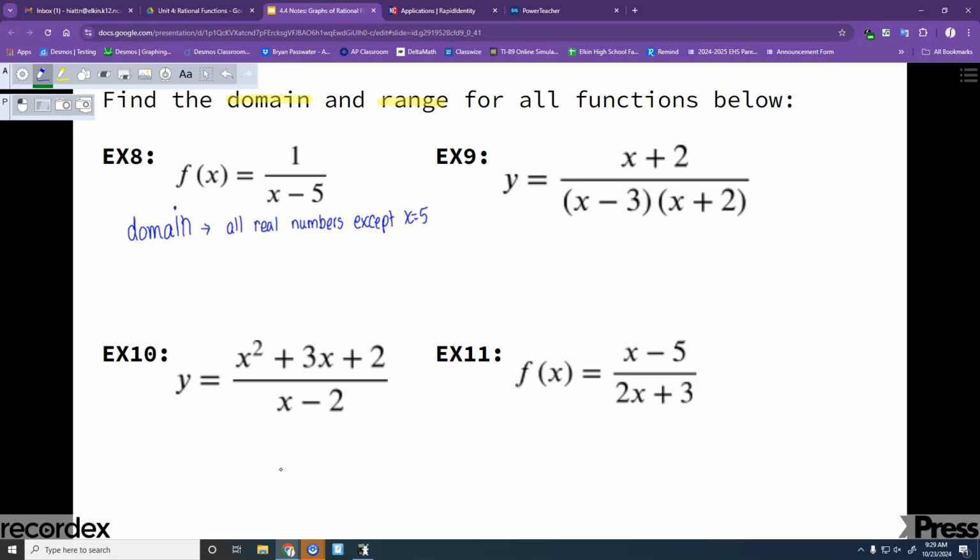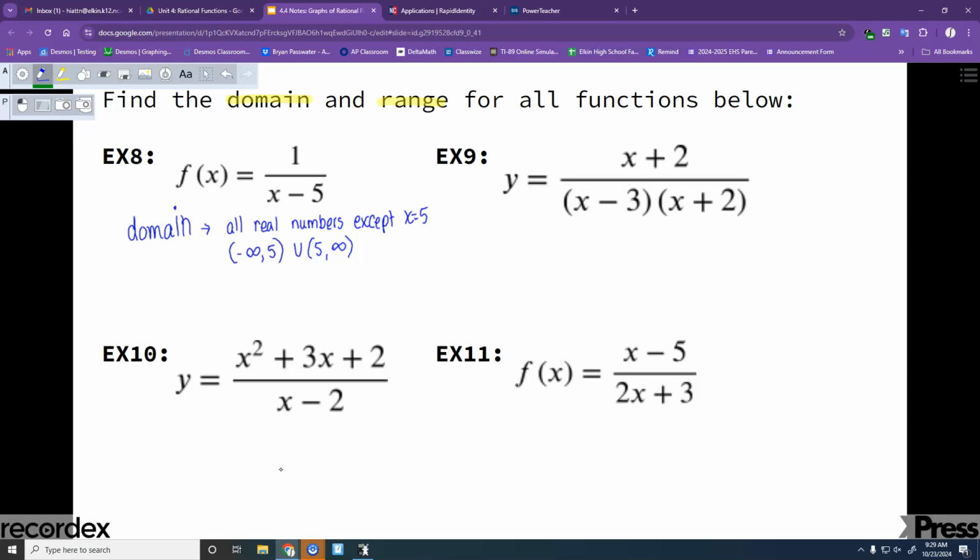So everywhere except x equals 5. Or you can use interval notation. It would go from negative infinity up to 5, but with the parentheses because you're not including 5, and then from 5 to infinity. We have to know both because they may use either one of those on the exam. Like your answer choices might be either one there.